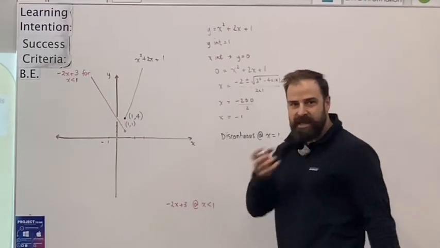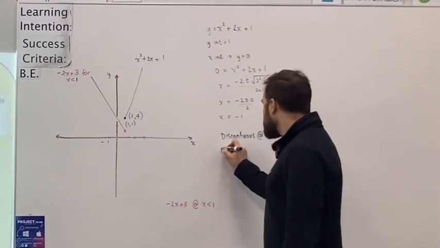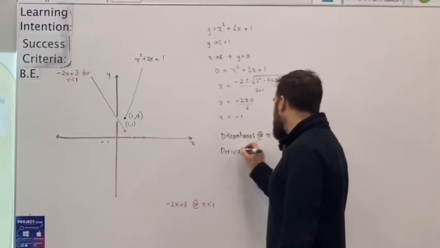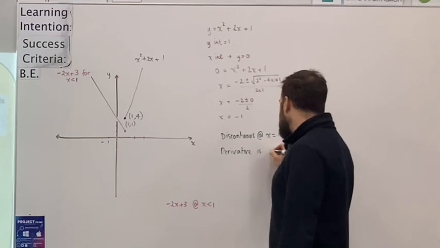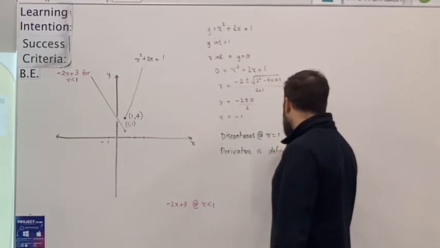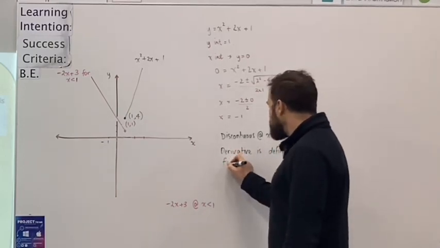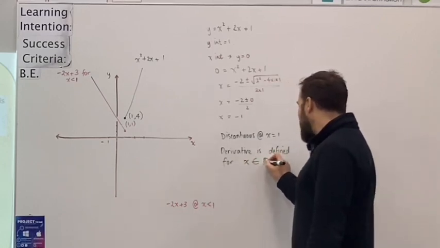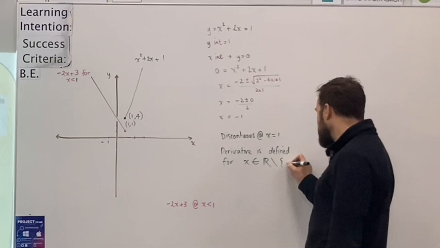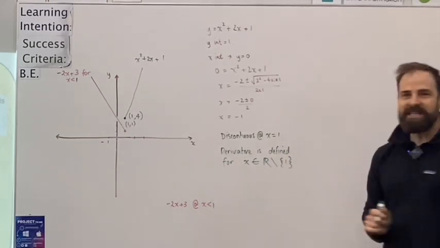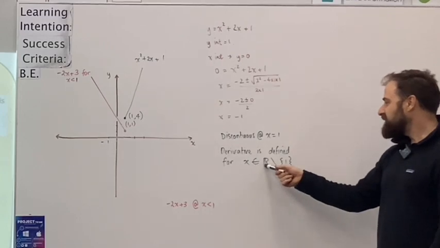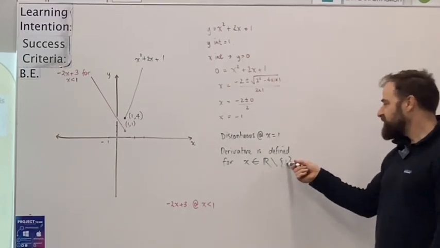So how could I write that? Yeah, one of those weird little things that we've learnt about. Derivative is defined for x being an element of R excluding 1. That's one way. X is an element of R, all real numbers, except for at 1.